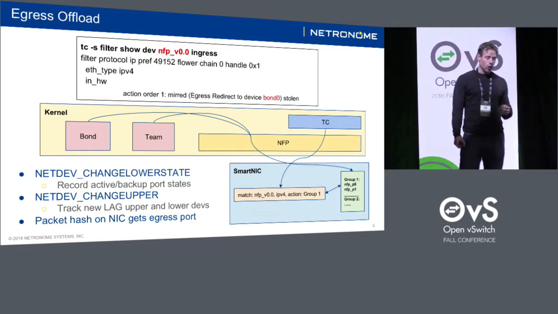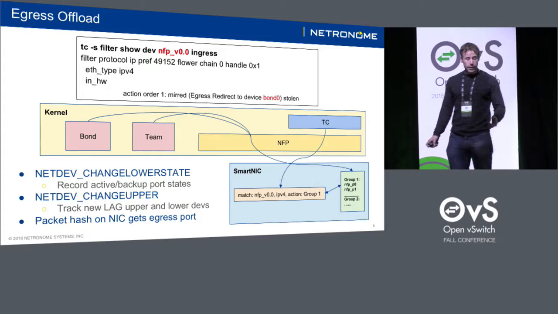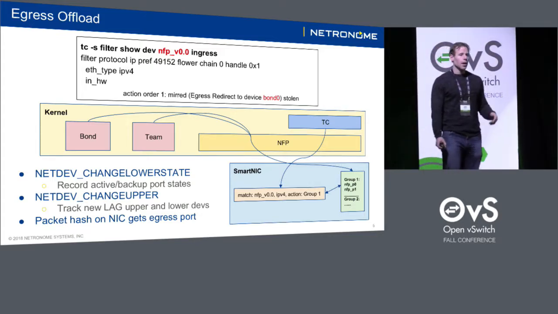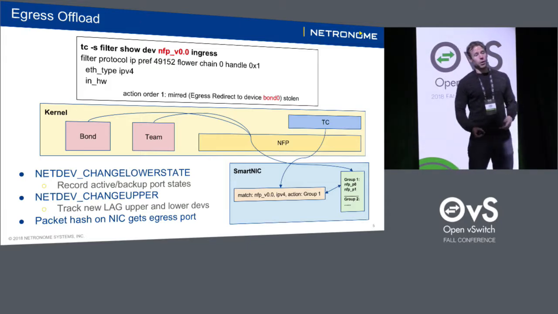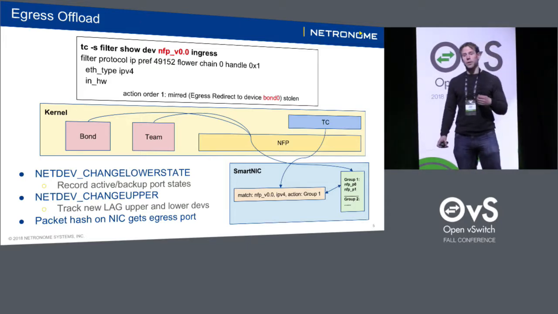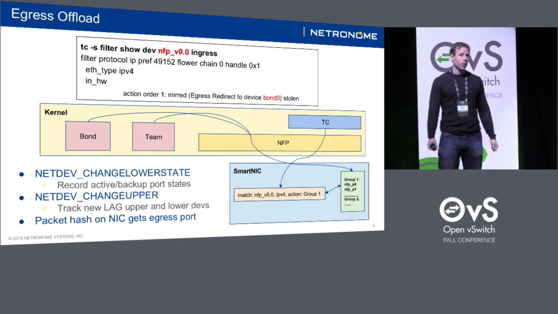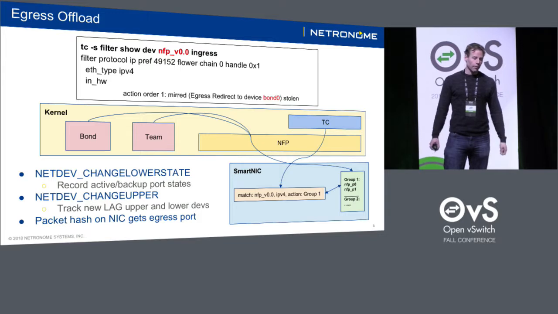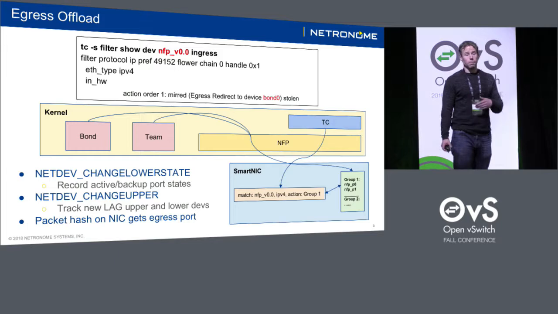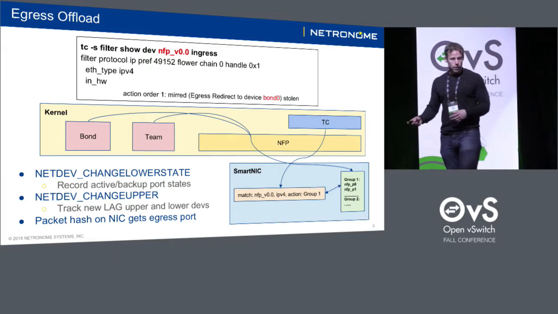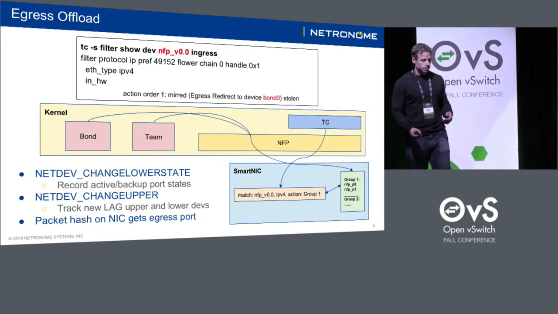So to support this rule, we don't really need any information or interaction with TC or Open vSwitch. Effectively, at the kernel layer, our driver registers for net device notifications, namely the change lower state and the change upper notifications. These are triggered by the bond driver and by the team driver when, say, a new upper layer master bond device is created, when lower level devices are added to a bond or a team device, and when ports are put up and put down by the bond to create this active backup setup.